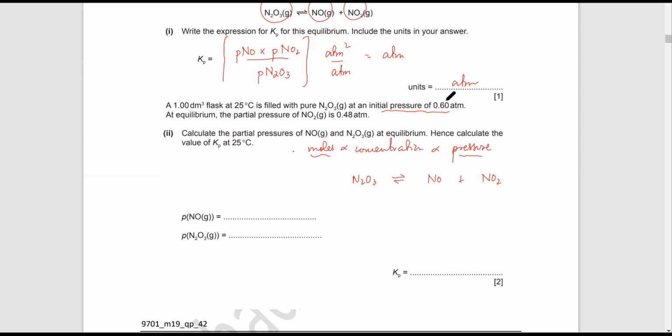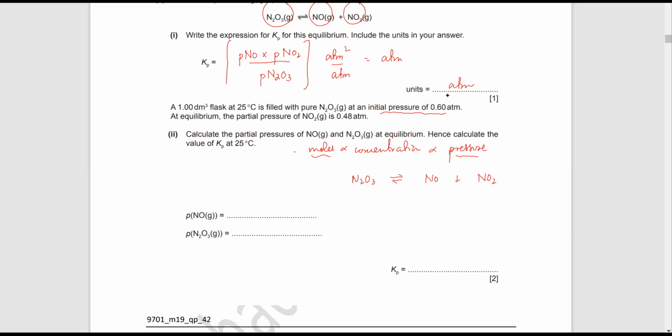So instead of thinking of this as pressure, I'm going to think of this as the moles that are present in the container. Initially, if you have N2O3 at 0.6 atmospheres, you can think of it this way. If something is exerting a pressure of 0.5 atmospheres at a particular temperature, let's assume that's X moles.